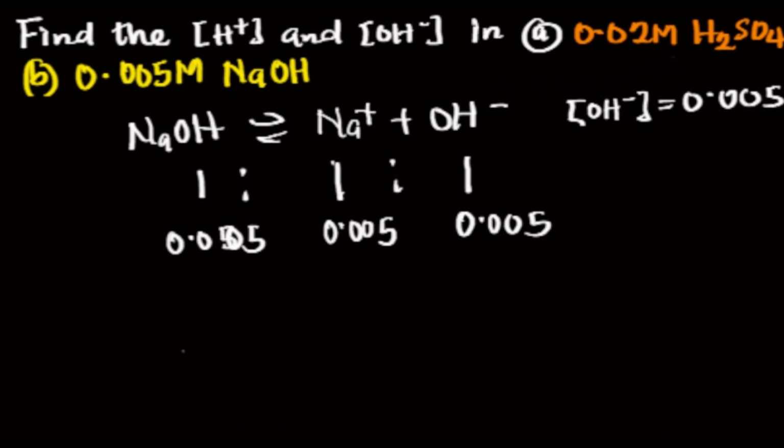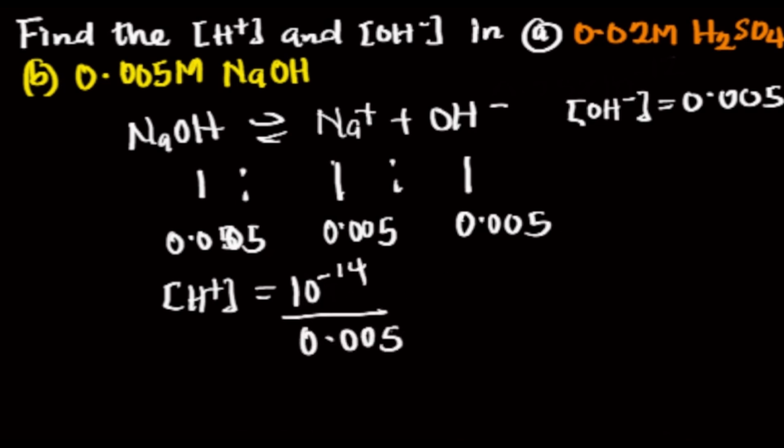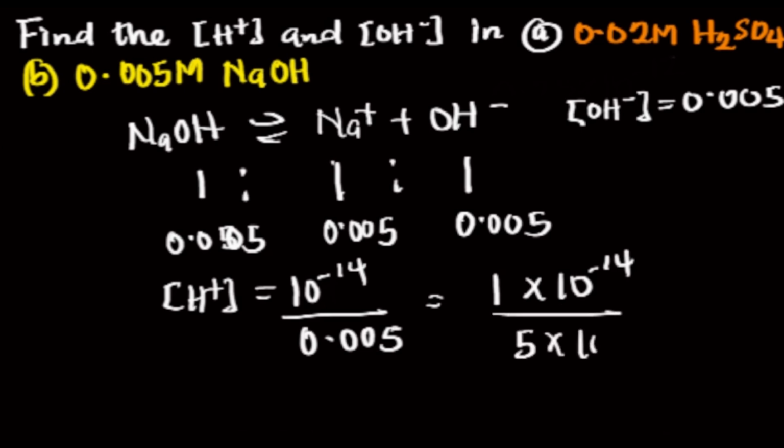Then once I have the hydroxide concentration, I can get the hydrogen ion concentration, which is going to be 10 raised to the power minus 14 divided by the hydroxide ion concentration, 0.005. This is equal to 1 multiplied by 10 raised to the power minus 14 divided by 5 multiplied by 10 raised to the power minus 3.